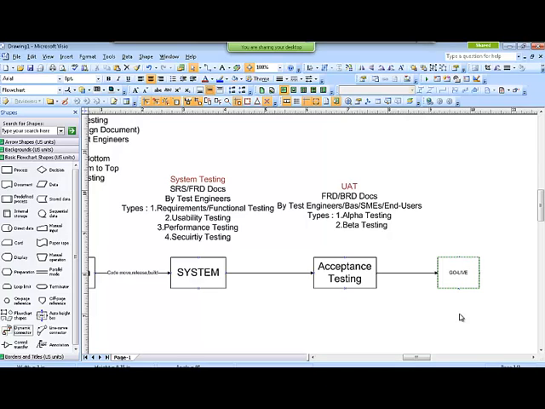When I say go live, it is nothing but once everything is verified, maximum bugs fixed, we can say 90% or 95%, you will have a matrix. Based on that, you will say, okay, this is accepted by the customer, and now we are moving to go live. So when I say go live, now end users start using this particular application. So the last step is going to be the go live.